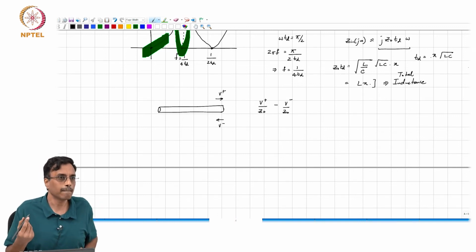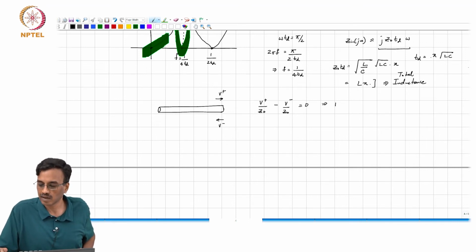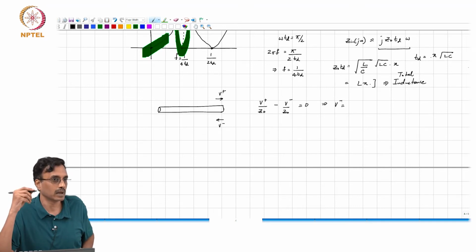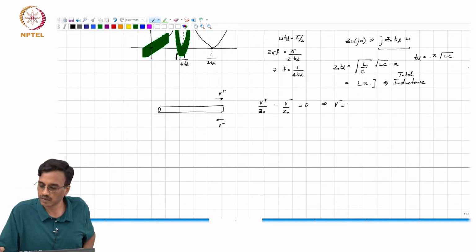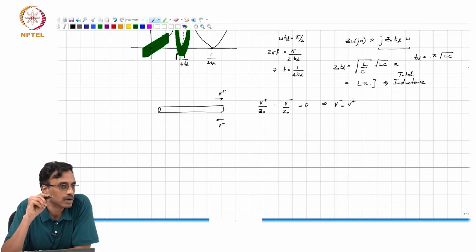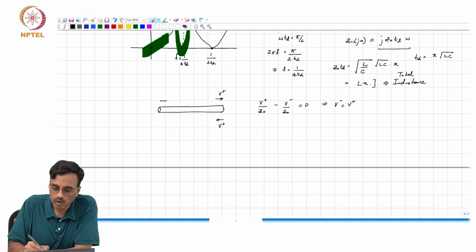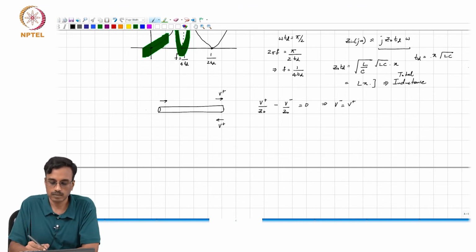That must be 0, which basically means V minus equals V plus. So, this is basically V plus. Now, what must this forward wave be?